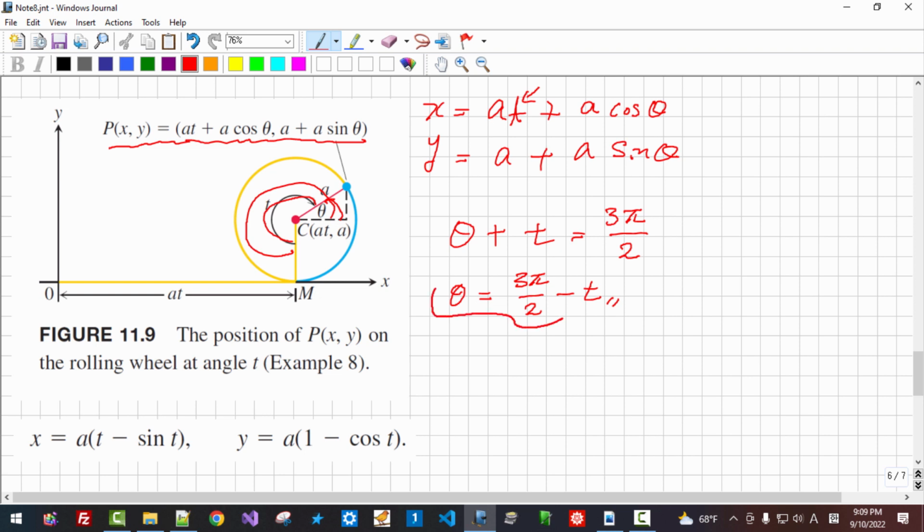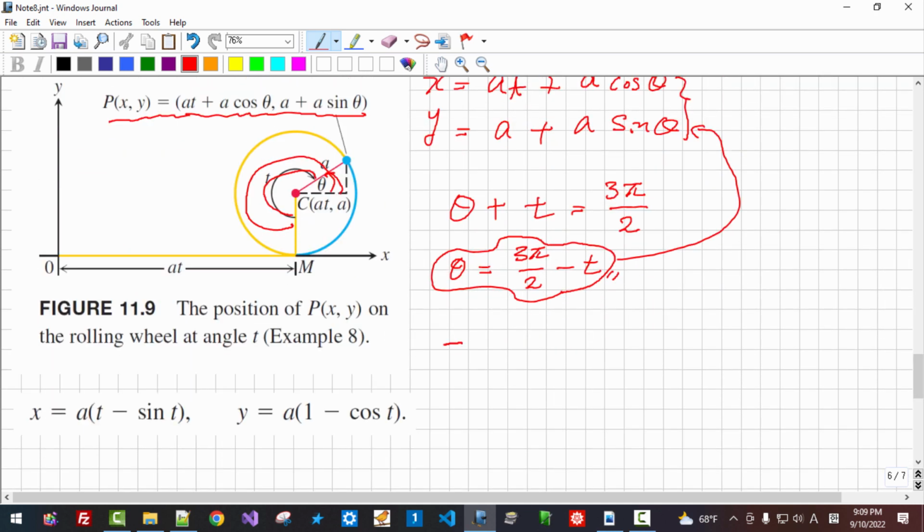Now we substitute theta in this equation. Then x equals at plus a cosine of 3 pi over 2 minus t. T is time, always greater than 0.